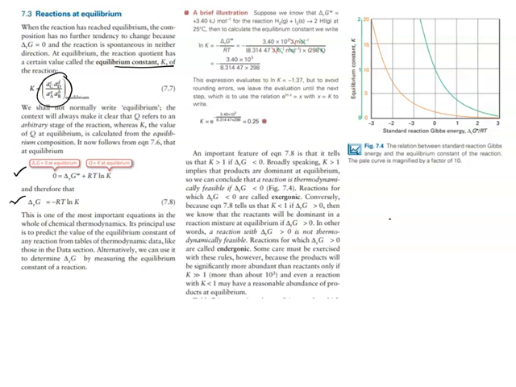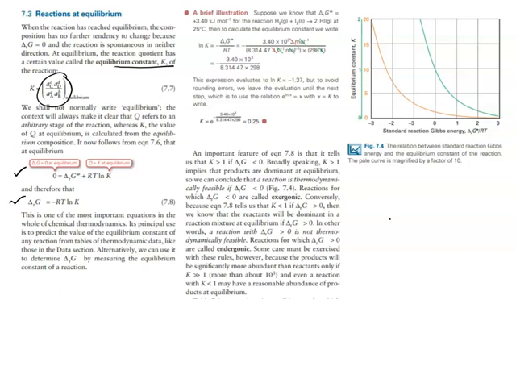Conversely, equation 7.8 tells us that if K is less than 1, delta G is greater than 0, then the reactants will be dominant in a reaction mixture at equilibrium. In other words, a reaction with delta G greater than 0 is not thermodynamically feasible. Reactions for which delta G is greater than 0 are called endergonic.